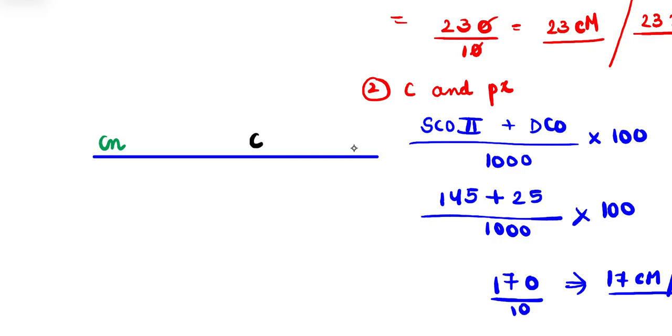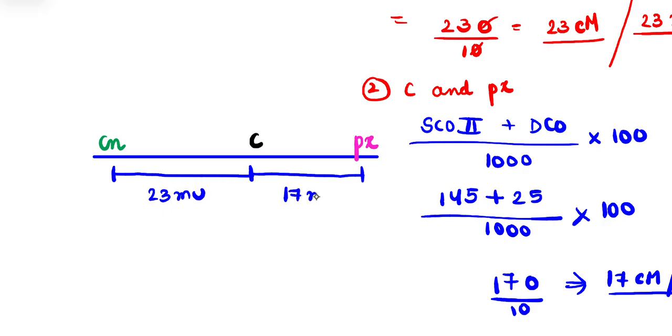The distance between CN and C is more, so I am hypothetically creating them at a farther position, and it is 23 centimorgan. So this unit is 23 map units, and this much is 17 map units. You can even total this, it is 40 map units. So this way you can create the linkage map.